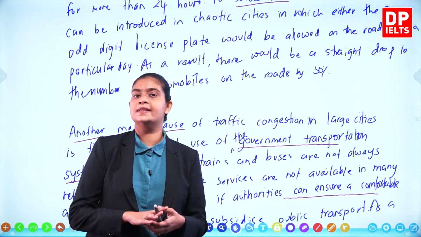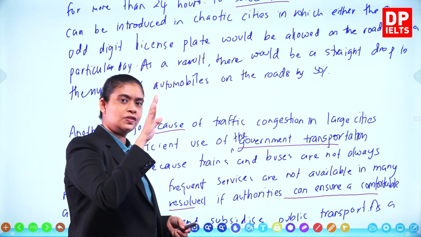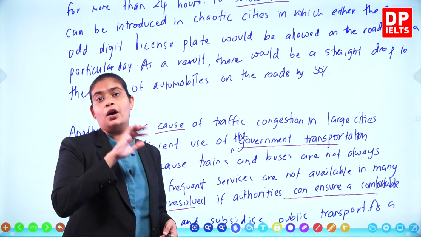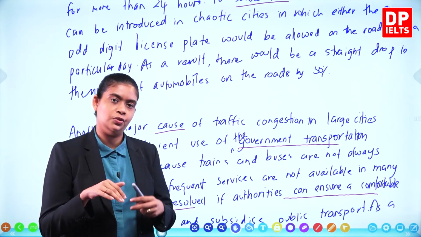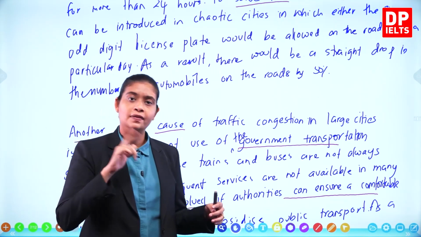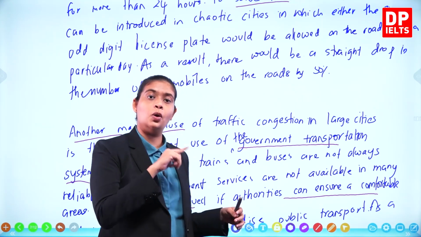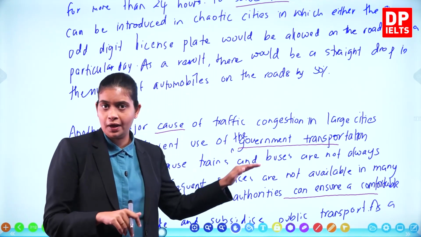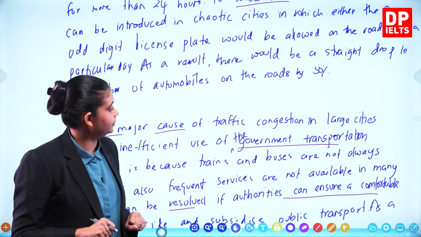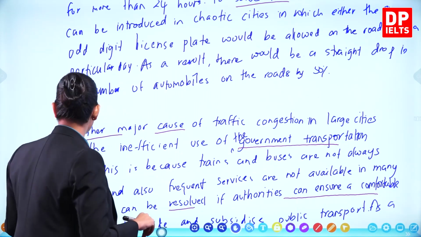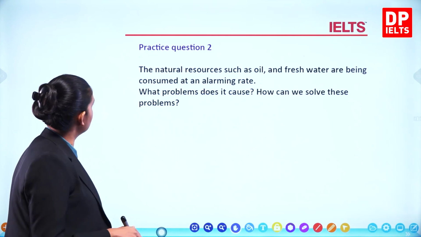So when I did the example, I did cause 1, cause 2 and I did solution 1, solution 2 in 2 separate paras. In this answer what I did is I did cause 1, solution 1 in one paragraph, cause 2, solution 2 in another paragraph, okay. Right, so with that we move on into the next question.